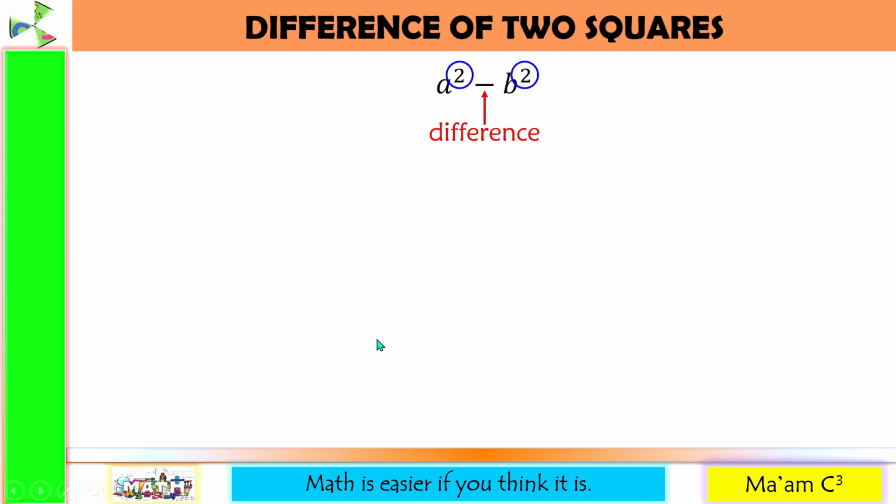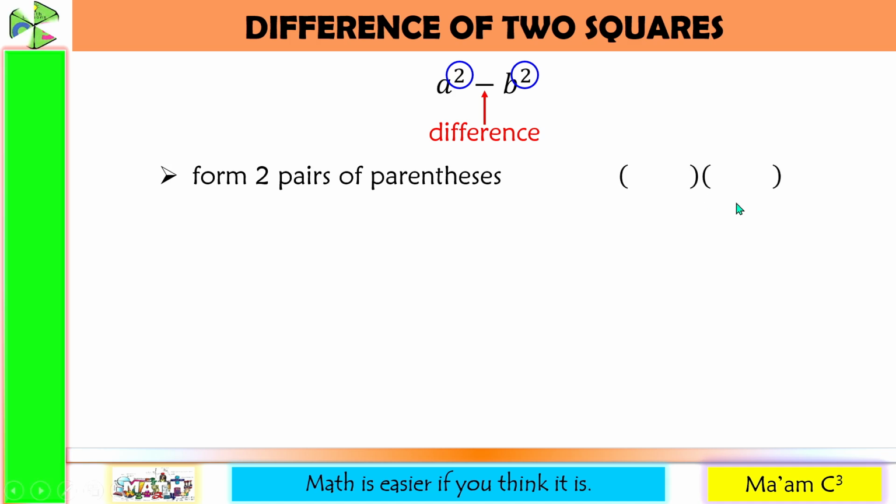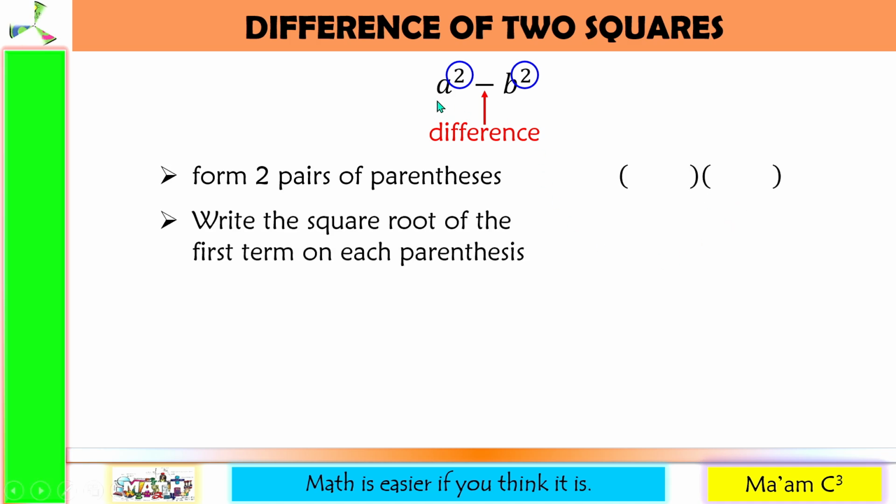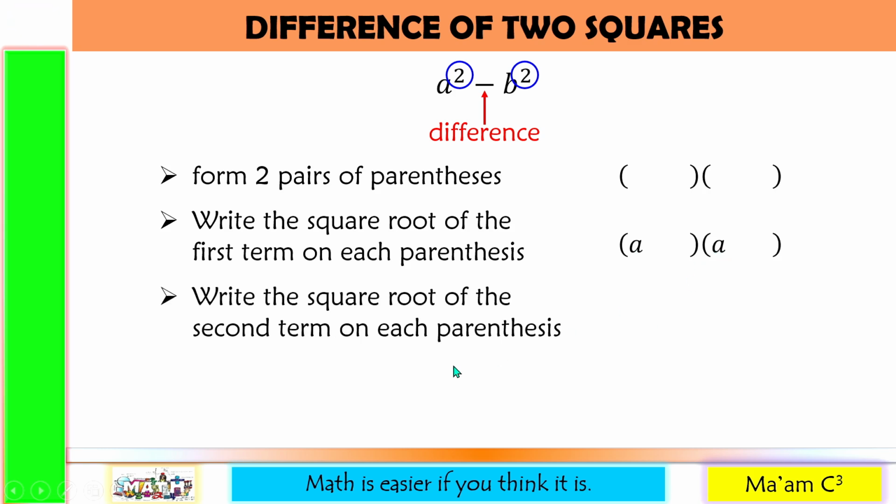First, you have to form 2 pairs of parentheses, such as this. Next step, you have to write the square root of the first term on each parenthesis. The square root of a squared is a, so we're going to write a on the first term of each parenthesis. Next step, you have to write the square root of the second term on each parenthesis.